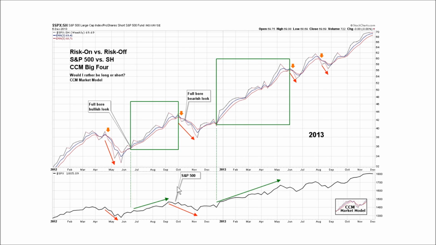What the models don't tell us is the duration or the severity of these corrections, especially early in the process. You can see these are shorter in duration here, but you'll also notice that quickly the ratio gets you back on track.